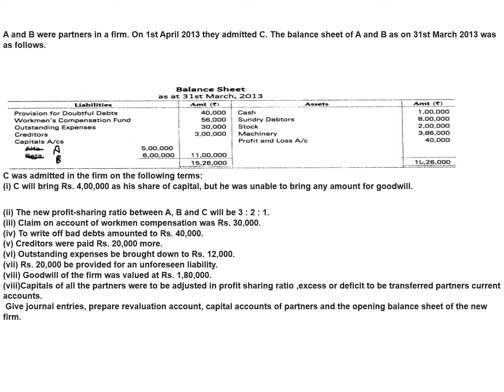Already creditors are 3 lakh. 20,000 more means we have a loss of 20,000. And the real creditors in the new balance sheet would be shown 3,20,000. What would be the entry? Revaluation account debit to creditors 20,000.